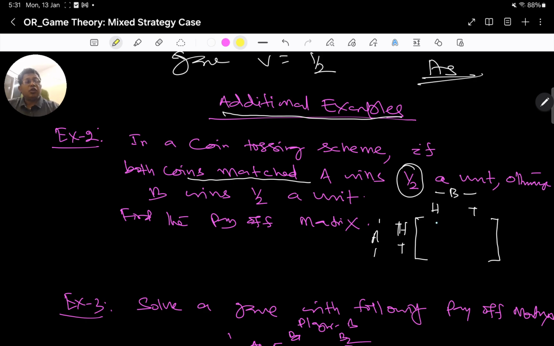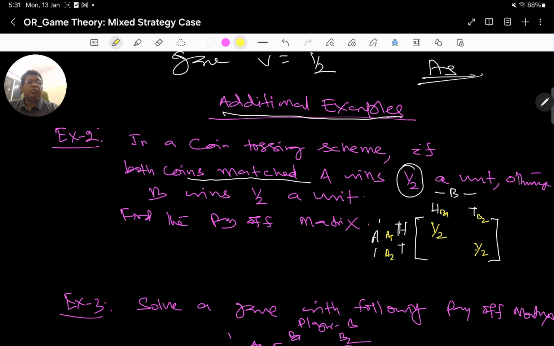We may call them B1, B2, A1, A2. If both match, meaning head and head, then A wins half a unit, so it is plus half. And tail and tail match here, so it is also half. A wins means half.